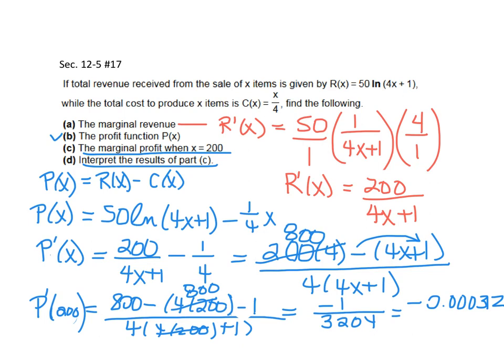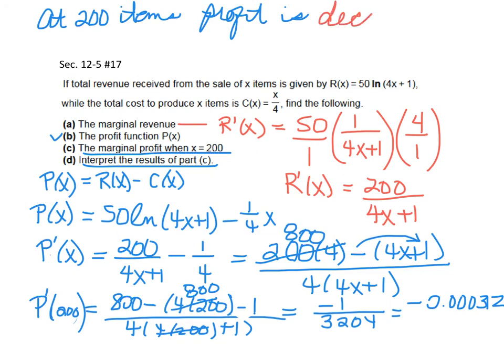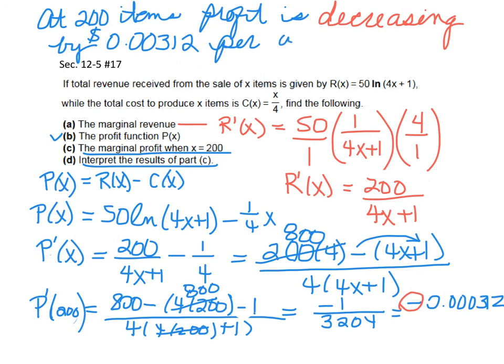Well, the result says that since we're talking about marginal profit at x equals 200, at 200 items, profit is, and because we are negative, it is decreasing $0.00312 per additional item.